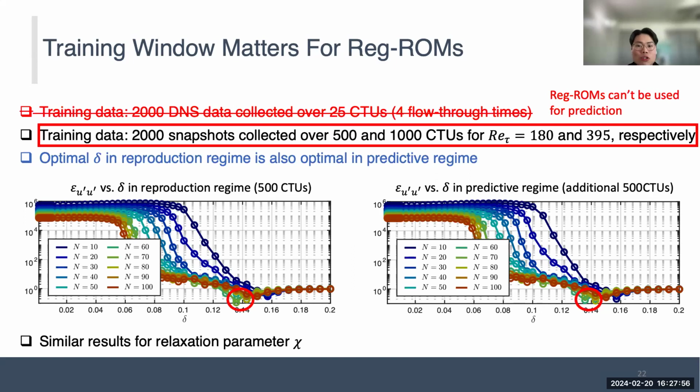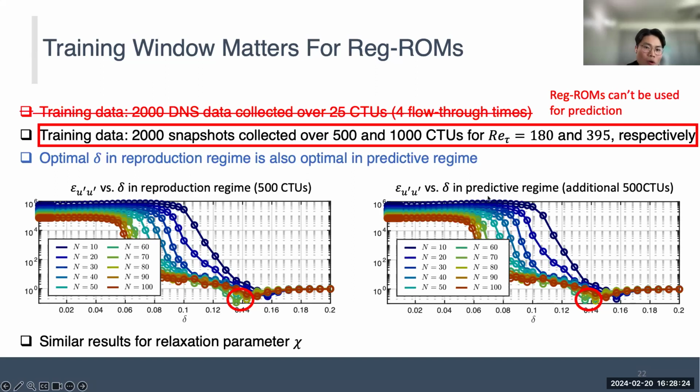With this new training data, we found that the optimal delta, or the optimal parameters, in the reproduction regime is also optimal in the predictive regime. Below I'm showing the error behavior versus delta in the reproduction regime, and the optimal filter radius is about 0.14.